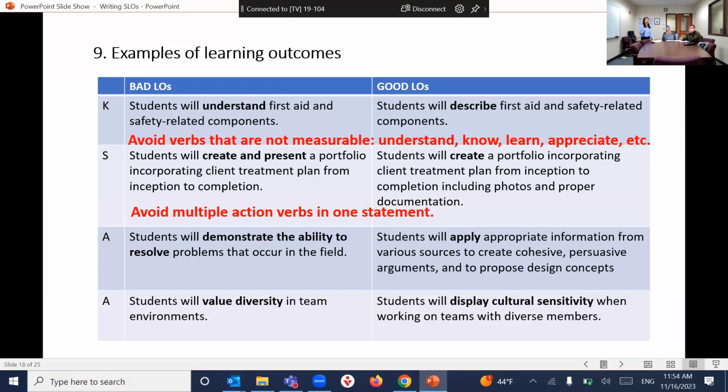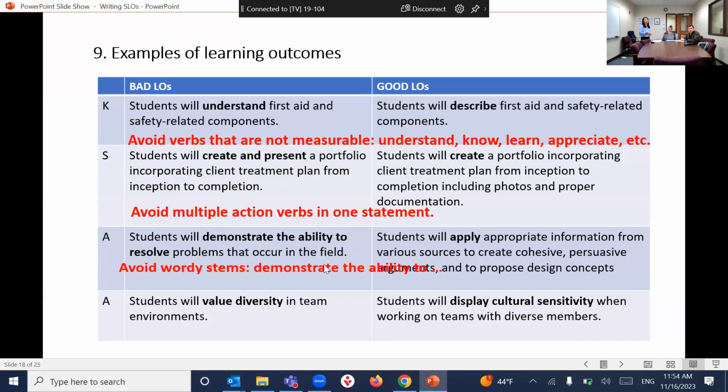Okay, demonstrate. This is an issue that I constantly find faculty have in their course learning outcomes. First, demonstrate is vague. Second, demonstrate the ability to resolve. Do you find it too wordy? Right? Why not just say students will resolve problems?